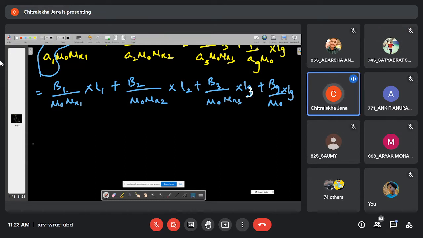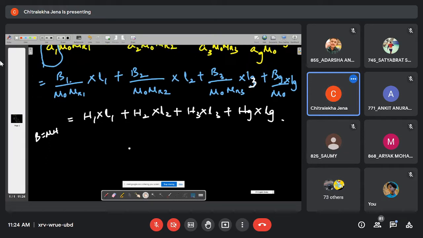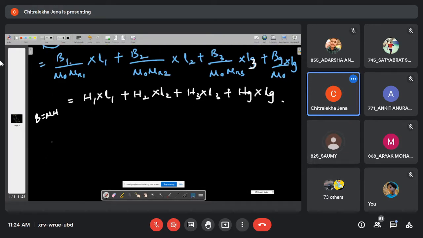Now another equation. You know what is the relation between B and H? B is equal to mu into H. Very good. So this will be equal to how much? H1 into L1 plus H2 into L2 plus H3 into L3 plus Hg into Lg. Am I correct or not? So what is your total MMF?